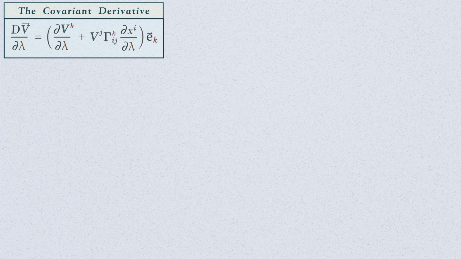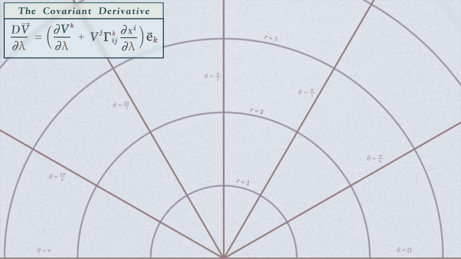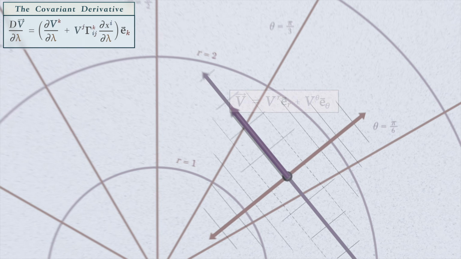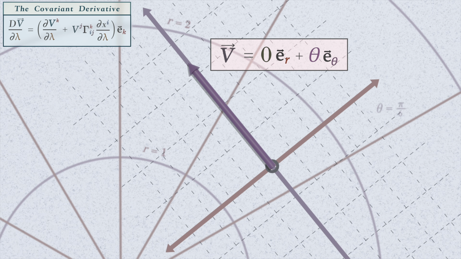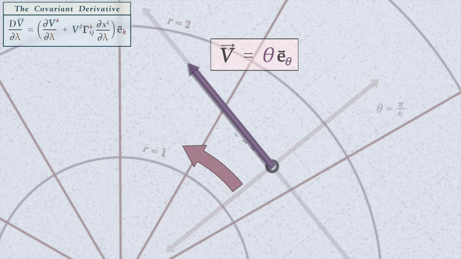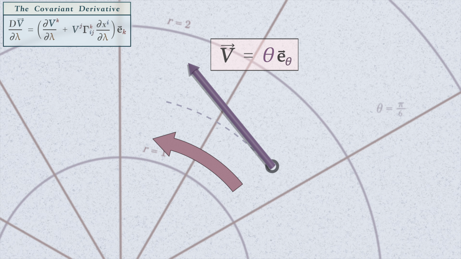First, as our curvilinear system, we're going to adopt polar coordinates. Then, we'll consider a vector v with components v^r equals 0 and v^theta equals theta. Next, we'll displace this vector along a path of constant r coordinate.